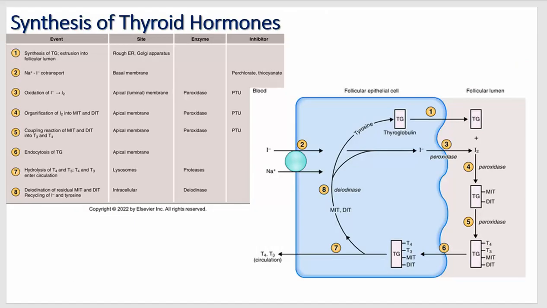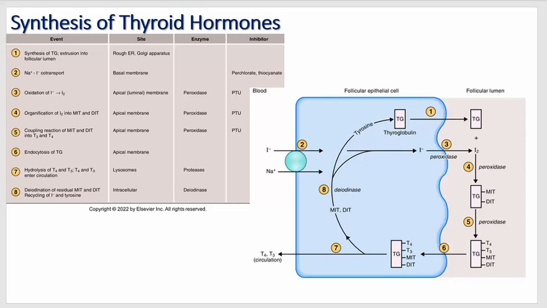All right, so this is just another perspective to look at. It's like a check to make sure that you understand it. It's a little bit more simplified, but it's the same things: the sodium and the iodine moving in, peroxidase, and then let's see, formation of the I2, so this oxidation reaction here.